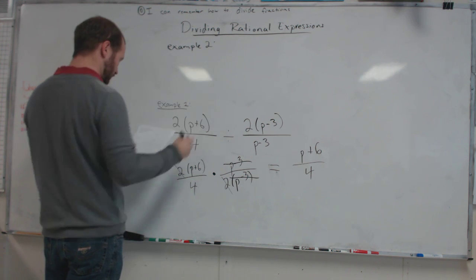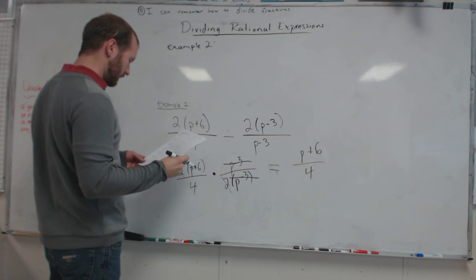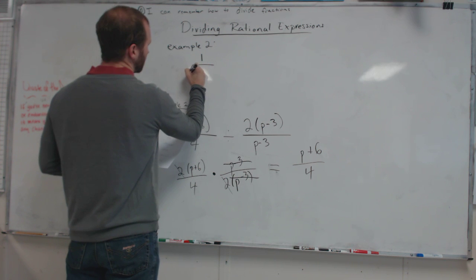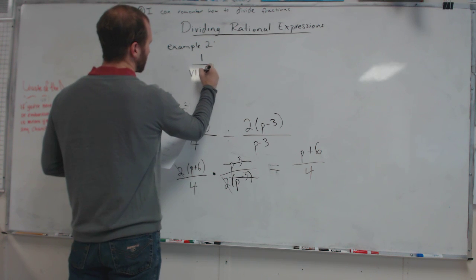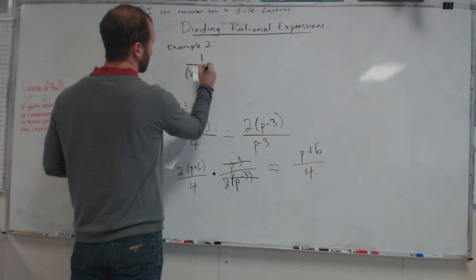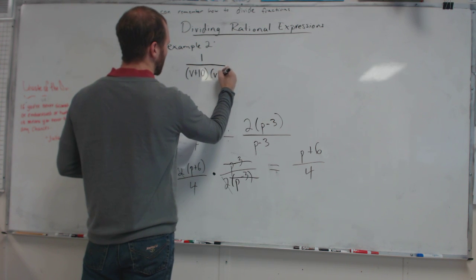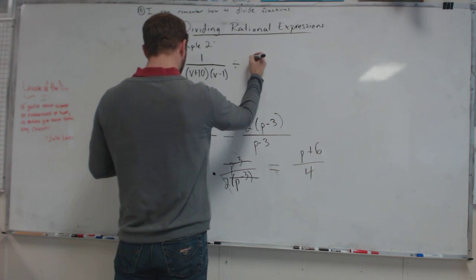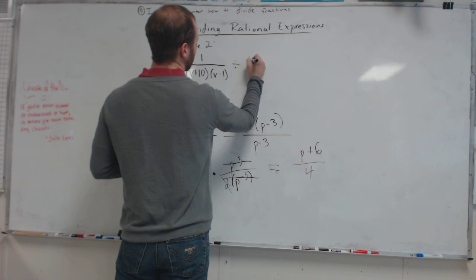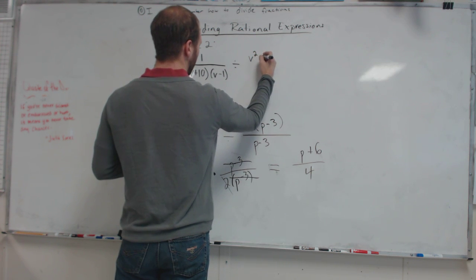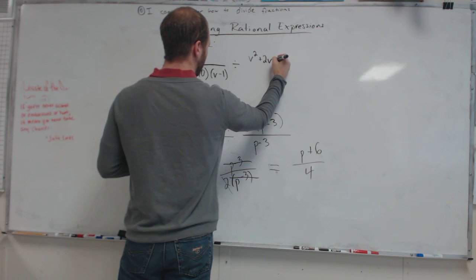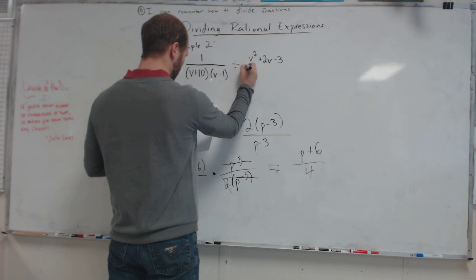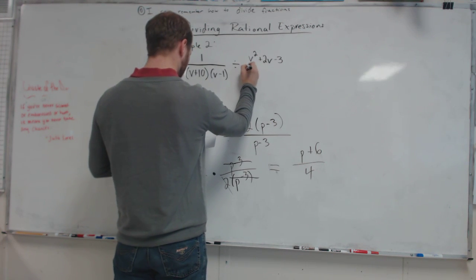Example. So this would be if I had something like 1 over (v plus 10) times (v minus 1), divided by v squared over, wait, oops, I did this wrong.